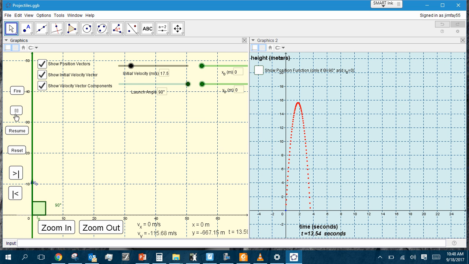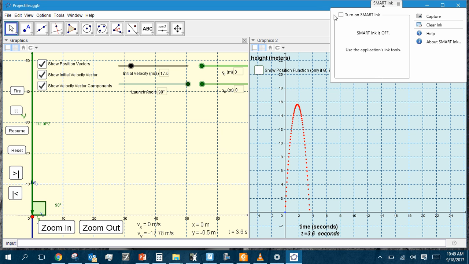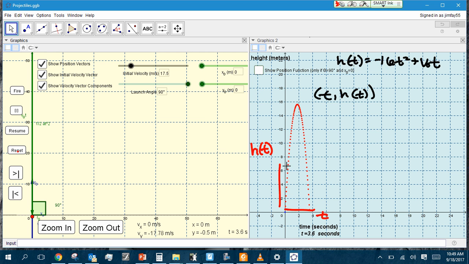And you see that I need to stop it. But what's going on here is that, for instance, at this position, let's fire it again. Let's stop it right there. At that point right there, the height is 0. So we got the point 0, comma 0.